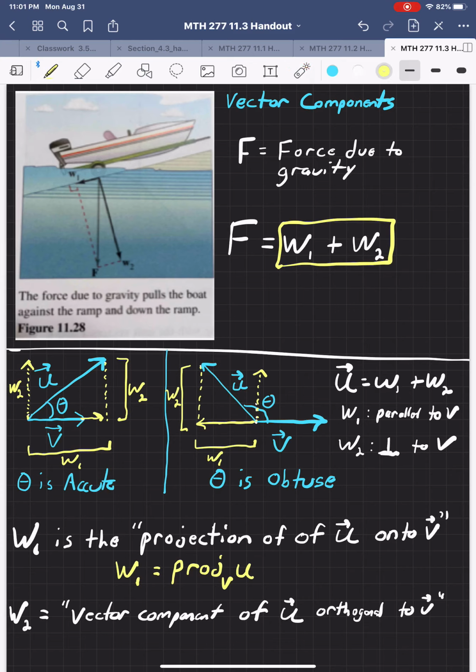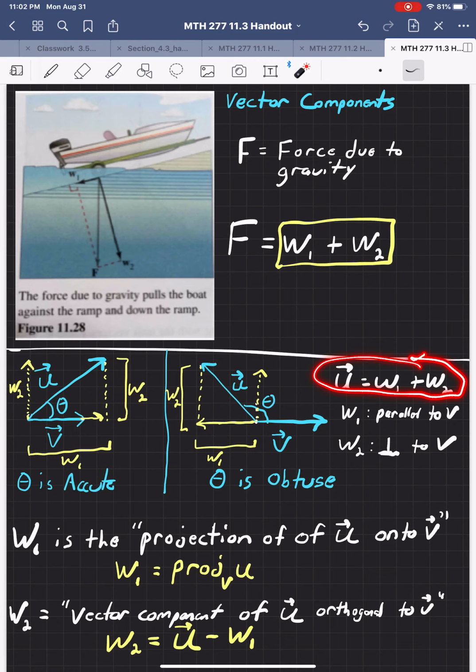Let's go ahead and go to how we denote w sub 2. And it's fairly simple. It's just going to be vector u minus vector w sub 1. Makes perfect sense if you were to solve for w sub 2.